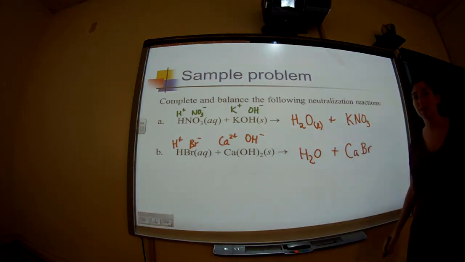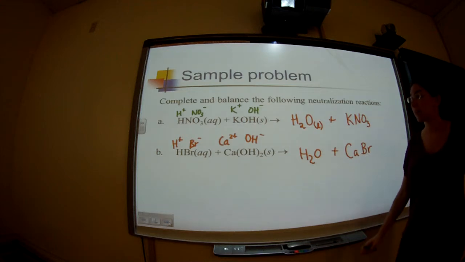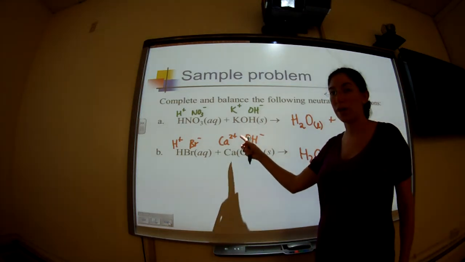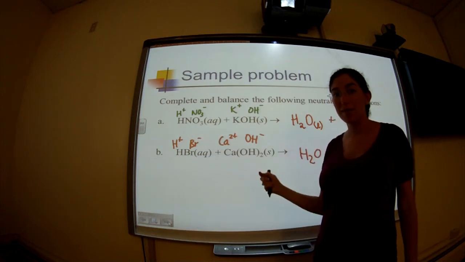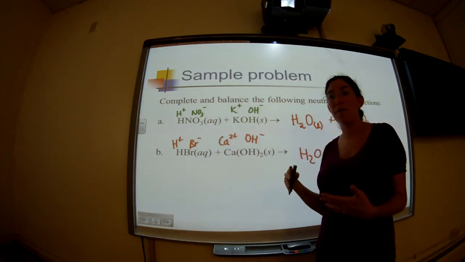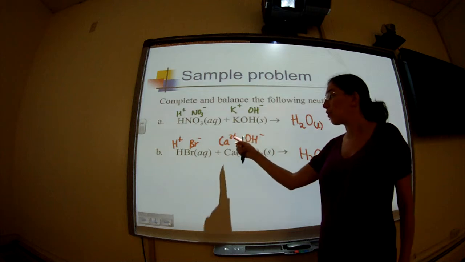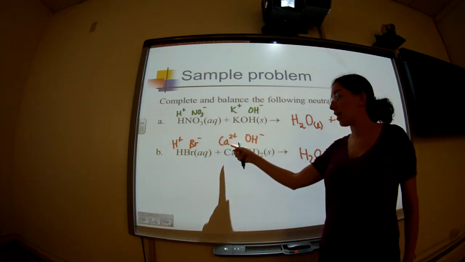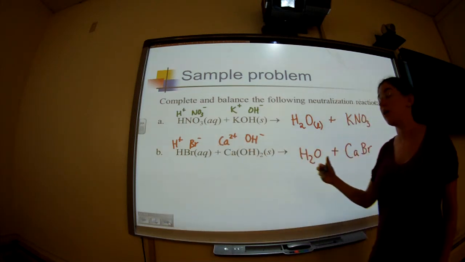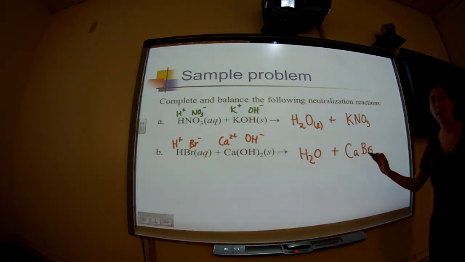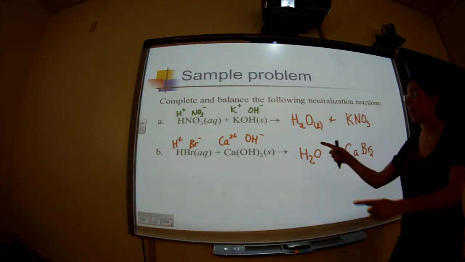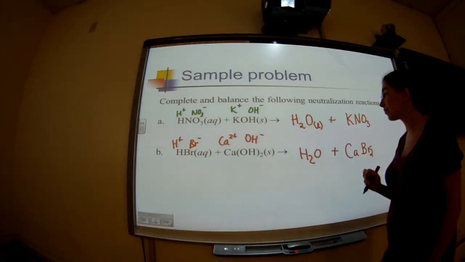Is that a correct answer? No, because calcium has a 2 plus charge and bromide has a 1 minus charge. So we have to have those charges cancel out when we make an ionic compound. 1 calcium ion is going to bond with 2 bromide ions. So our proper chemical formula is going to be CaBr2, right? We do that cross multiply.